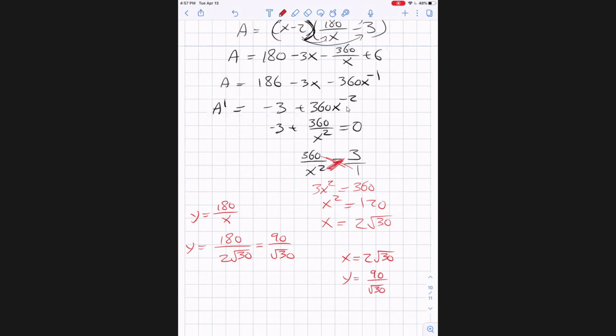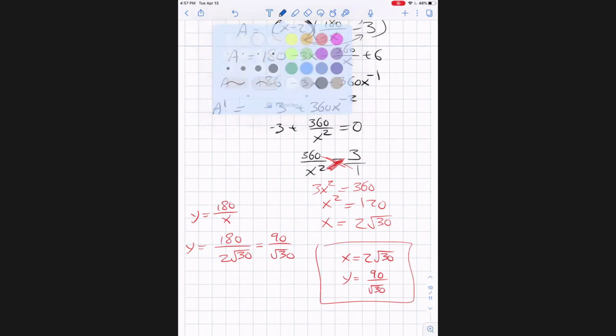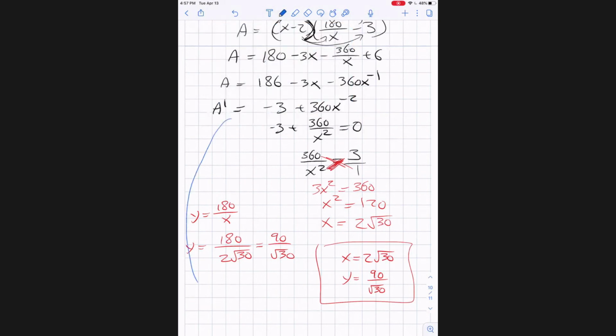How do I know this will give me the maximum? Well, you can do the second derivative test. I'll do that in a second once you guys catch up writing. So the derivative of the derivative, that's a double prime, is negative 720 over x cubed after you take the derivative.